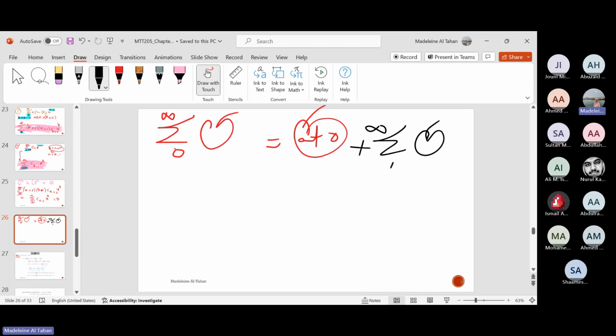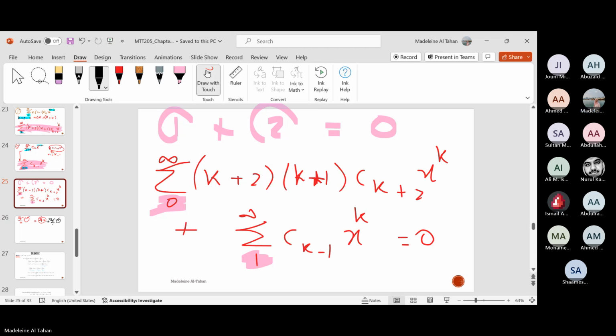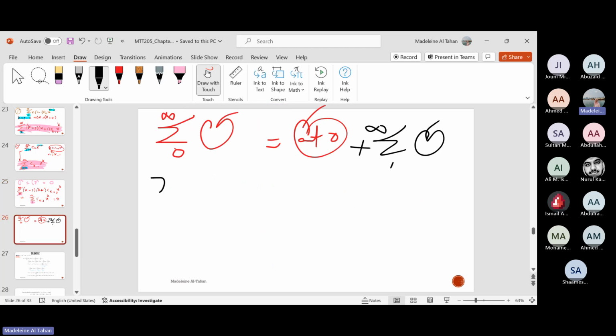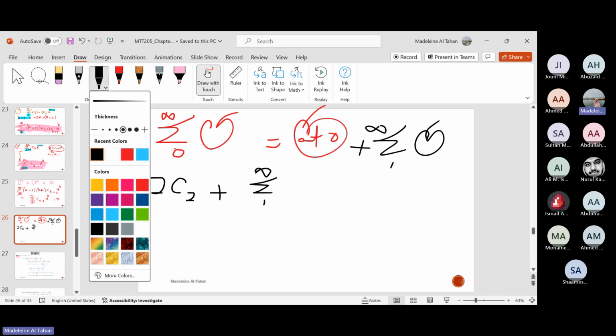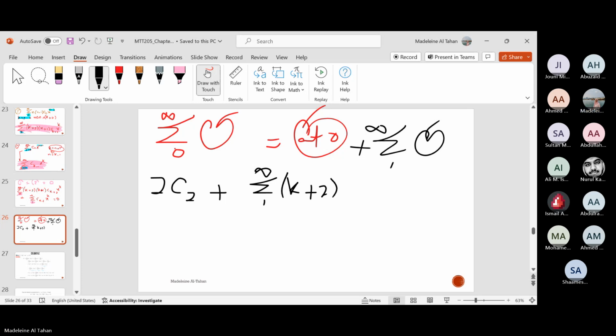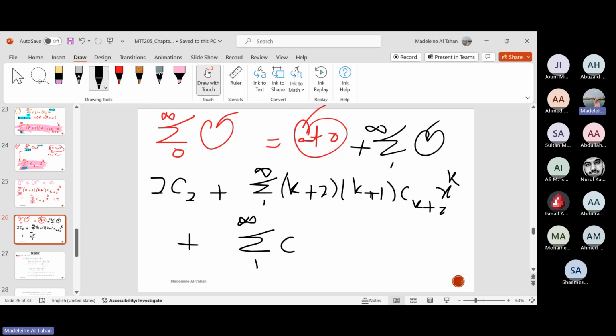The first series at k equals 0: 0 plus 2, 0 plus 1, so 2 c2 x to the power 0, which is 2 c2, plus sigma from 1 to infinity k plus 2, k plus 1, c k plus 2, x to the k. This one is series 1, plus series 2, sigma from 1 to infinity c k minus 1, x to the power k, equal to 0.